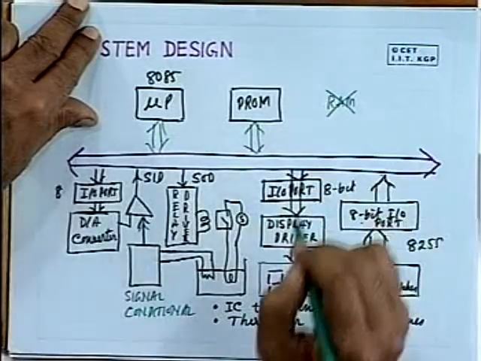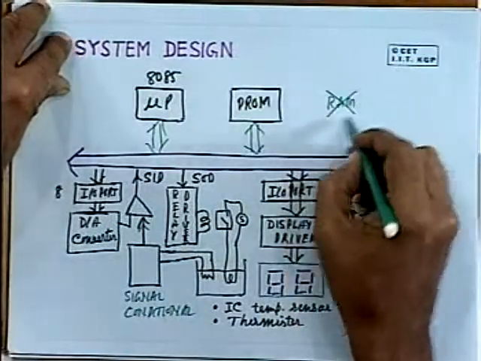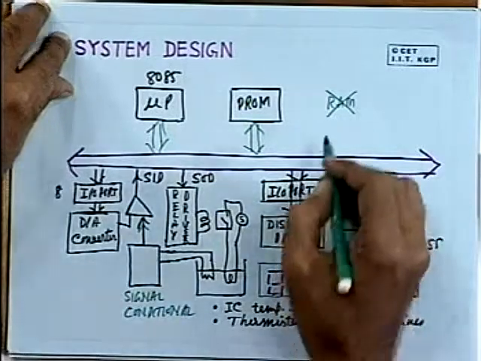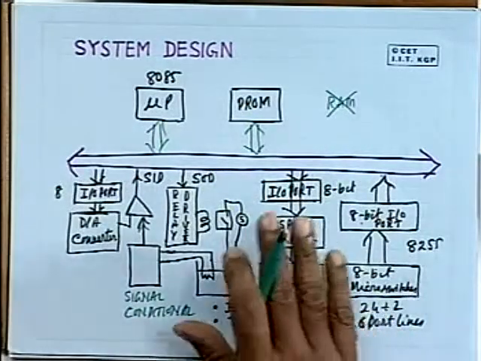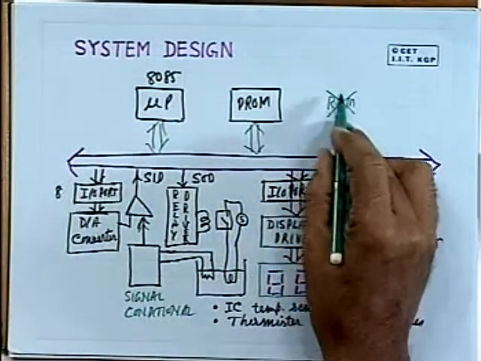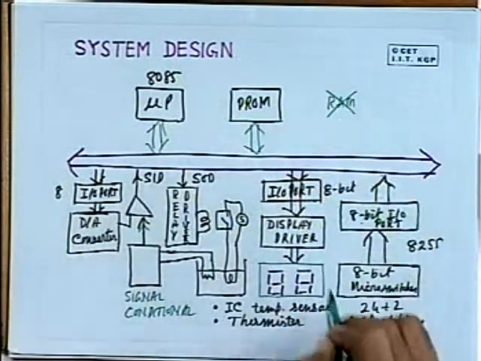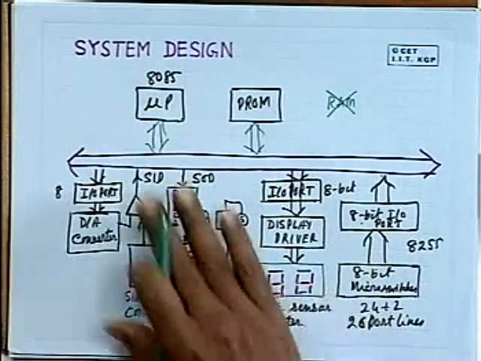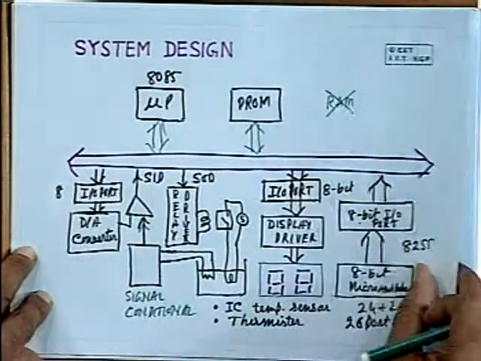So we can get rid of the use of RAM if we don't use a subroutine. To reduce the cost of the system, let us decide that we shall not use any subroutine in this particular application. So this is the overall system design, and let us see the hardware design based on this.